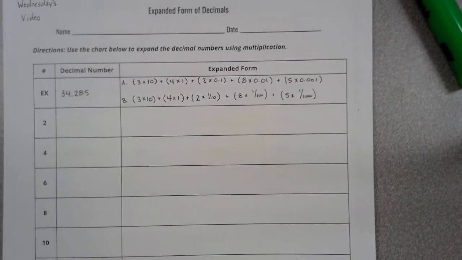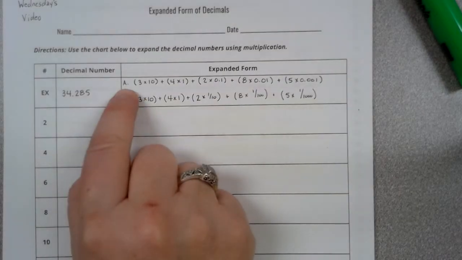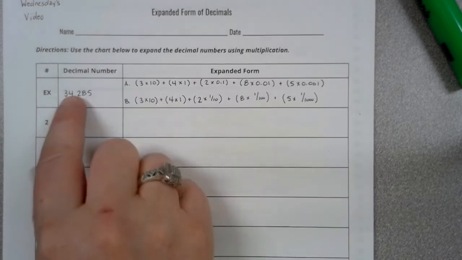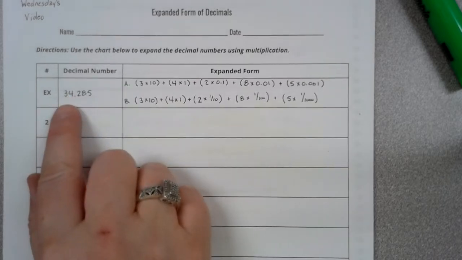So if we look for expanded form, there are 2 ways we can write them. There's actually more than 2, but these are the 2 that we want you to use. You can either use A, which, over here, your example is 34 and 285 thousandths.